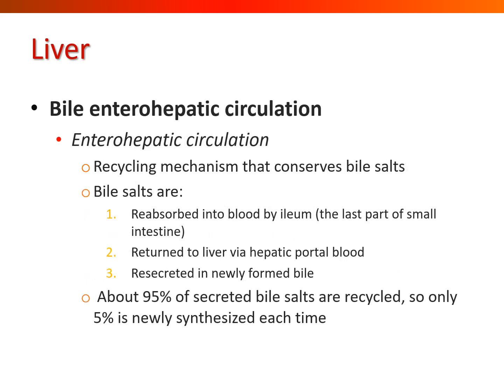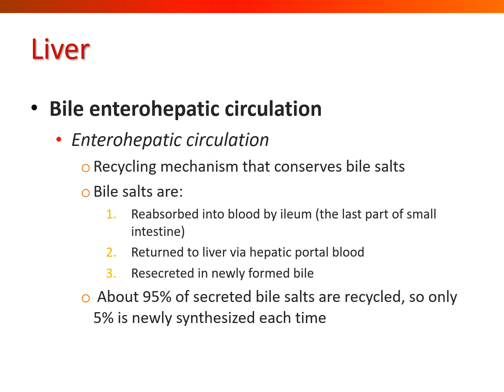Now, the story of bile is actually a great story about recycling, because we make bile from recycled molecules, basically parts of red blood cells, and we actually recycle large parts of bile from the small intestine. So the story of bile is told by way of the enterohepatic circulation.